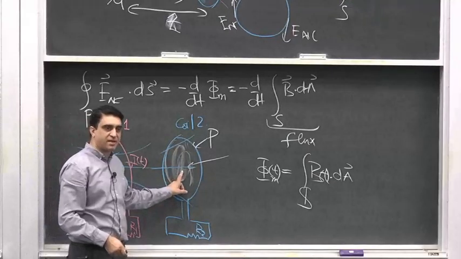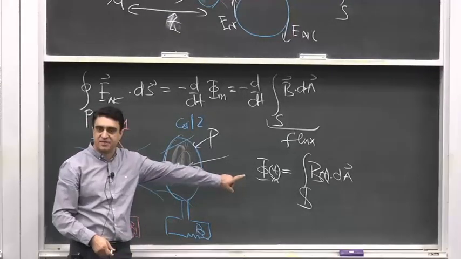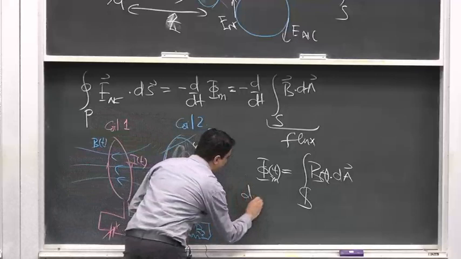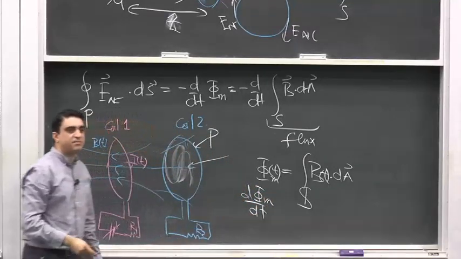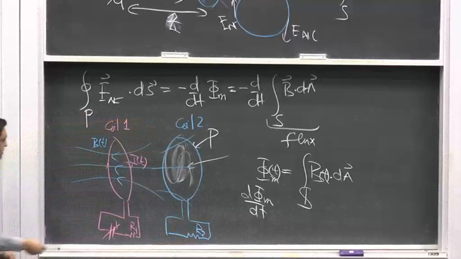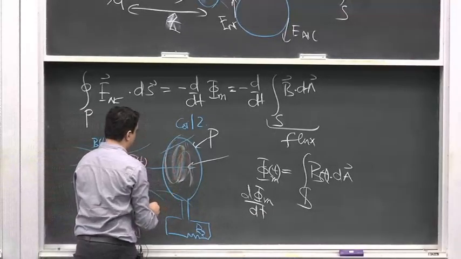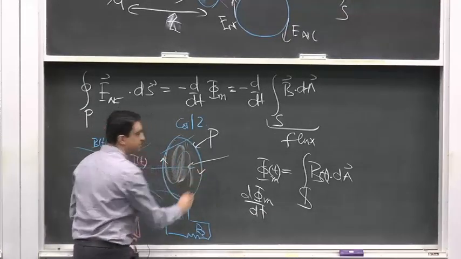So because the flux would be changing with time, you have d phi m by dt, which is a function of time, and you would have an EMF created in that coil, which would cause a current in a certain direction.